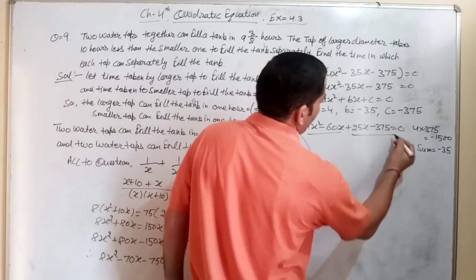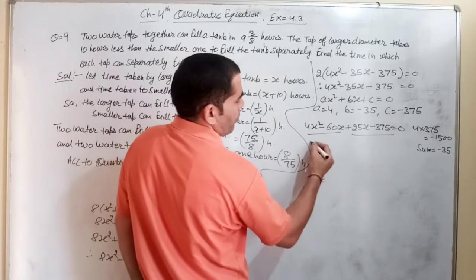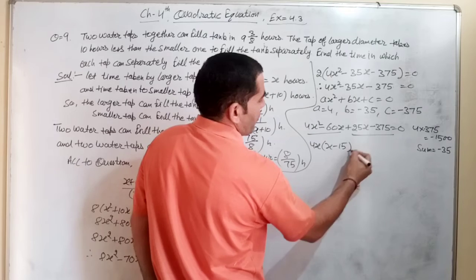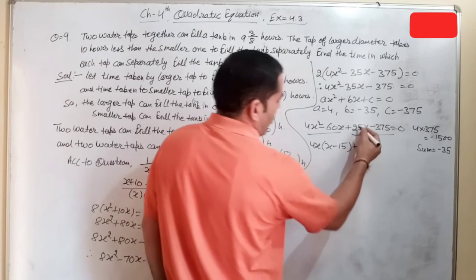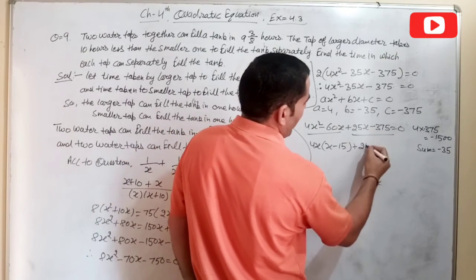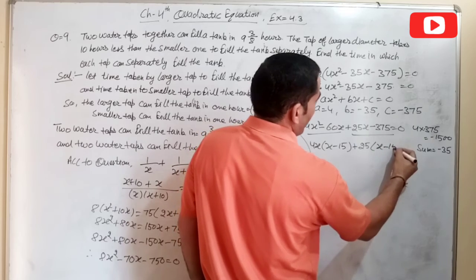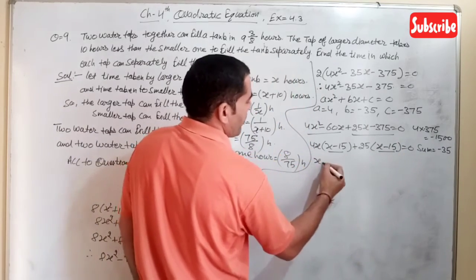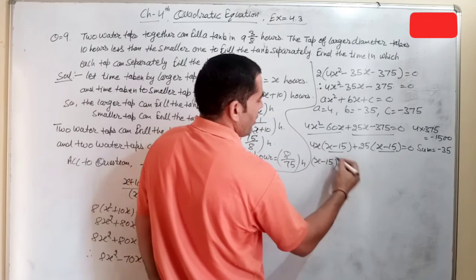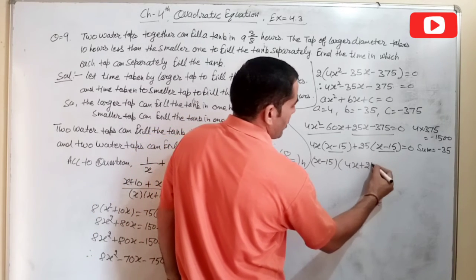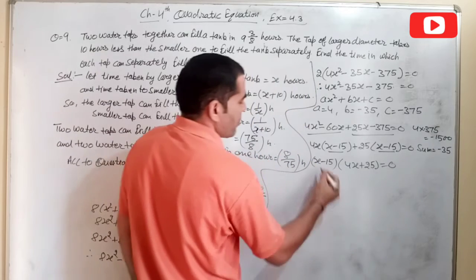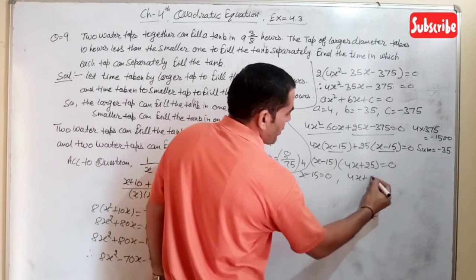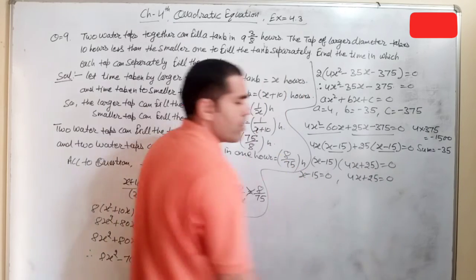The common factor for the first two terms is 4x and for the last two terms is 25. Now x minus 15 is again common, so x minus 15 and 4x plus 25 is equal to 0. x minus 15 is equal to 0, and 4x plus 25 is equal to 0.